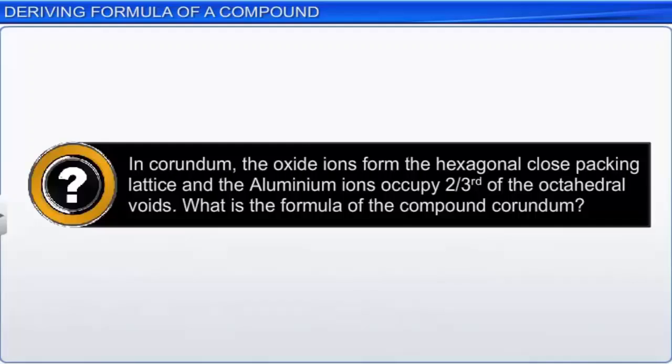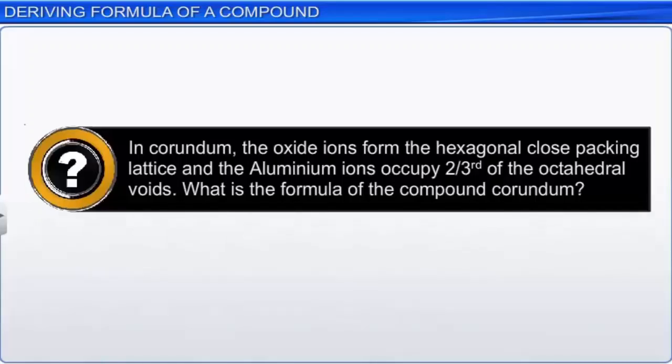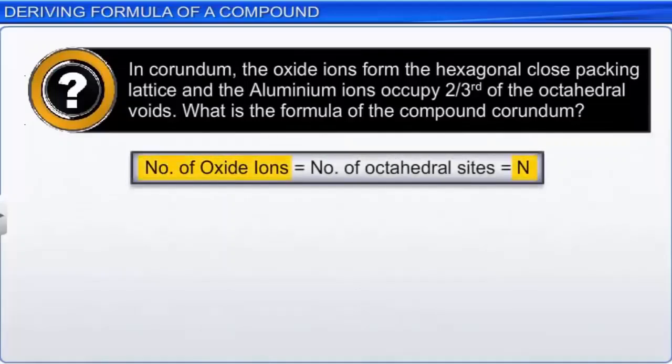You already know that the number of octahedral sites in a cubic close packing is the same as the number of constituent particles. Now, if n oxide ions form the crystalline lattice, the number of available octahedral sites is also n. But only 2/3 of n octahedral sites are occupied by the aluminium ions.